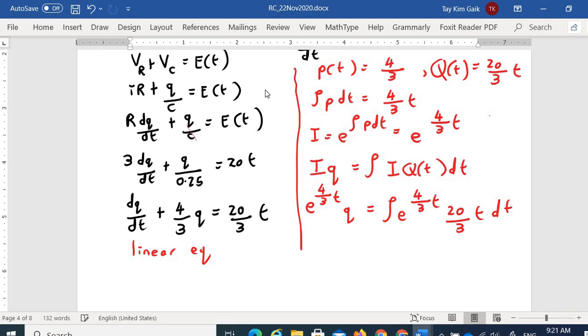So 20/3 you can factor out. So 20/3, integrate t e^(4/3 t) dt.